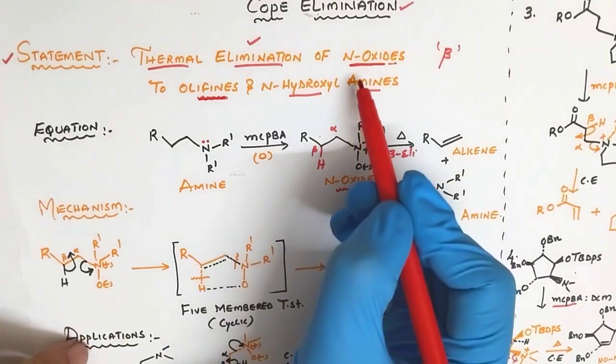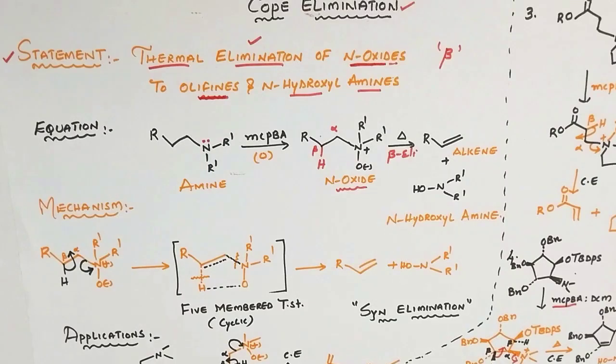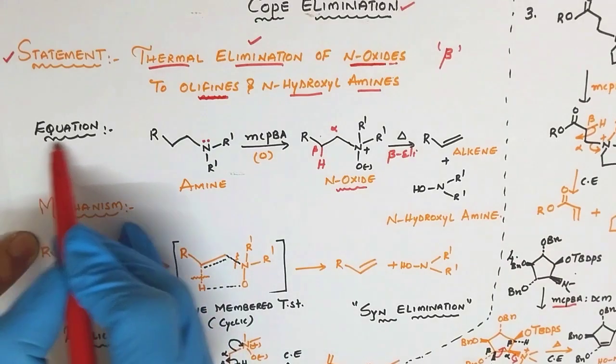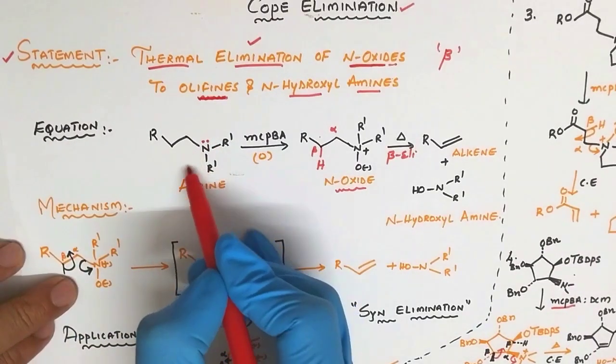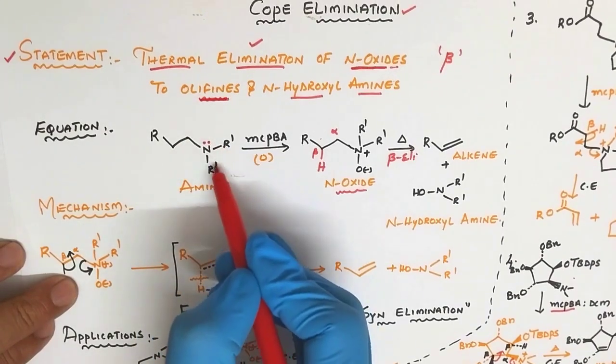Then what are the reactants here? N oxides. In general, N oxides are not readily available. Always these N oxides are prepared by using the amines, tertiary amines in general. So if you see the equation, see this one, it is a tertiary amine or not? Nitrogen connected to three different groups.